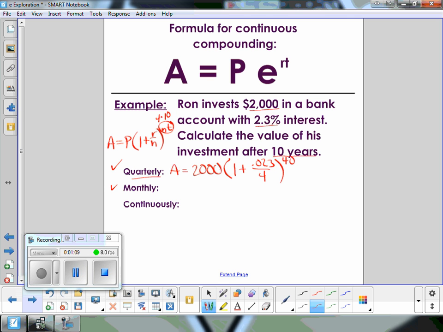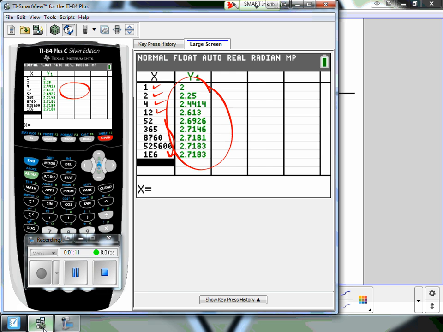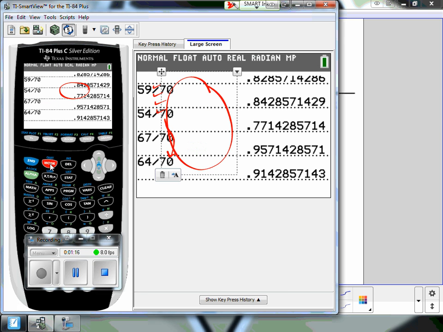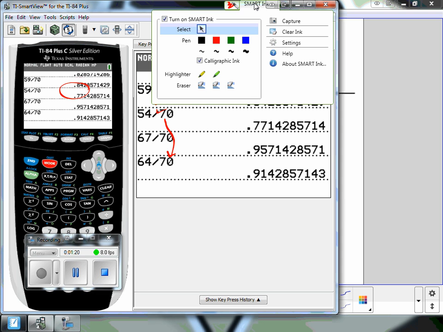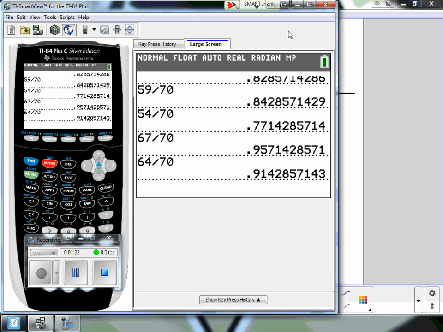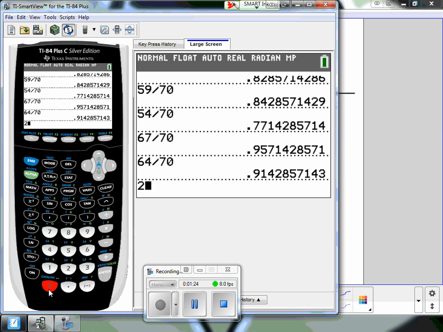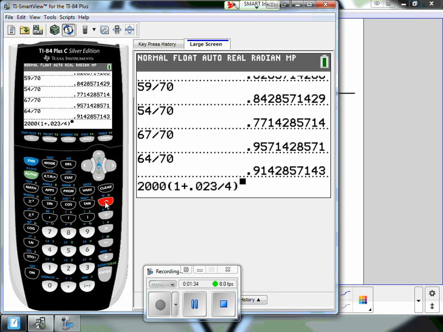And when you do 2,000 times 1 plus 0.023 divided by 4 to the 40th, here's what we get. We're going to do 2,000 times 1 plus 0.023 divided by 4 to the 40th power.